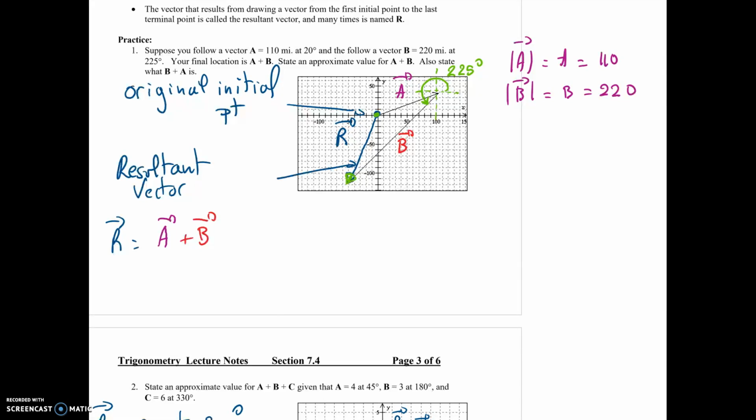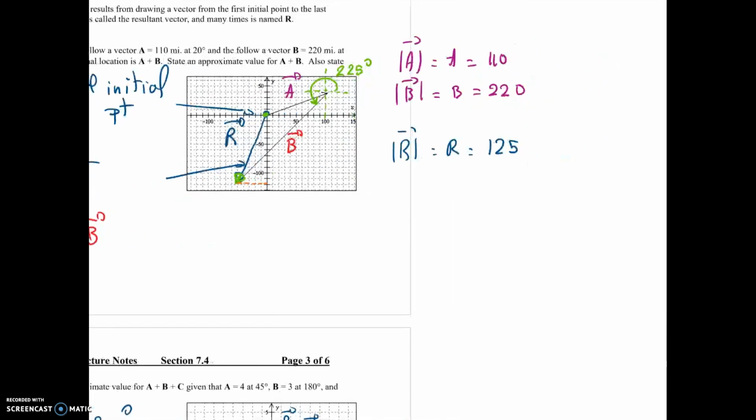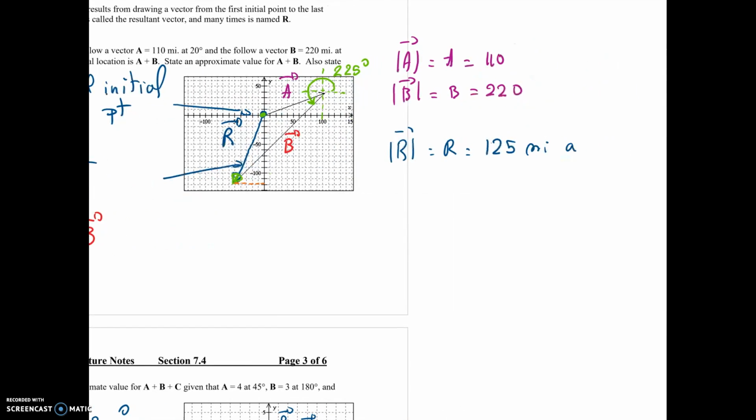Well, I can use my quadratic, oh my goodness, my Pythagorean theorem, because I can easily go over here and I can easily define the resultant R as having a magnitude equal to 125 miles at 240 degrees.